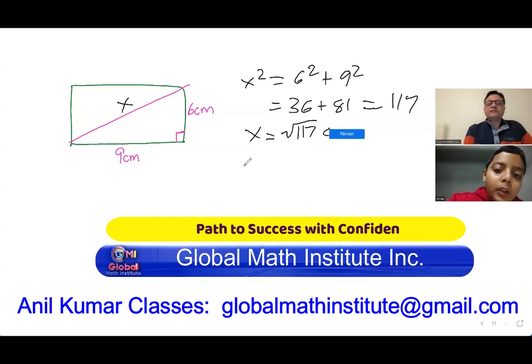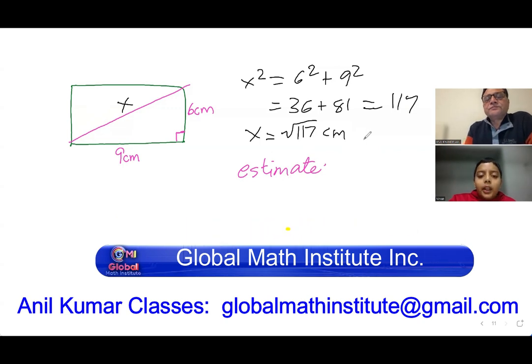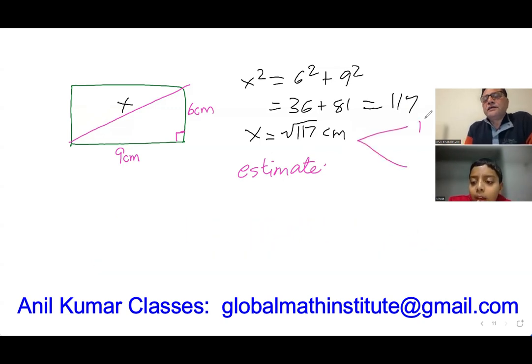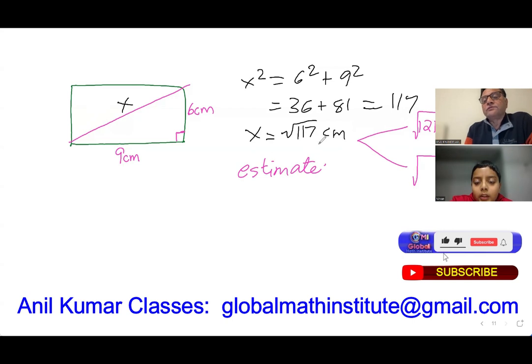Can you estimate this length? I know it's closest to 121, so it's 11 point something. 121 is higher, but the lower will be what? 100. So it is between 10 and 11, right?